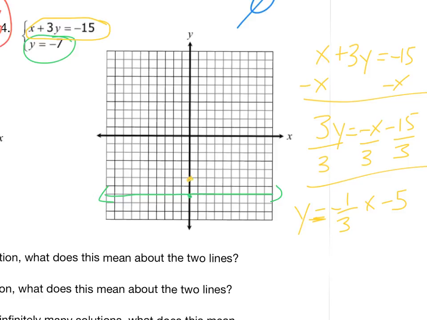And then from there, it looks like we're going to go down 1 to the right 3, down 1 to the right 3, down 1 to the right 3, which would already give us our solution even before we draw our line. And our solution is going to be this point right here, which is 6 and -7. 6, -7 would be your solution.